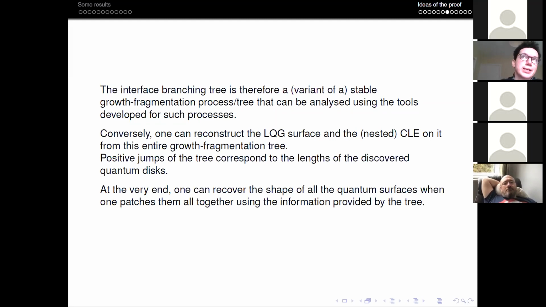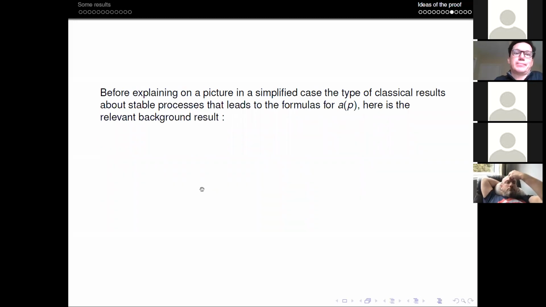So in some sense, there's a natural bijection, reminiscent, of course, of the bijections that appear in the discrete planar maps, but here it all takes place in the continuum and uses completely different ideas to be derived, of the couple CLE and independent LQG surface. If you put them together, this is sort of isomorphic to defining a stable growth fragmentation tree. Of course, I did cut a number of corners in the statement I just made. You can look at the paper if you want to have the precise statement.